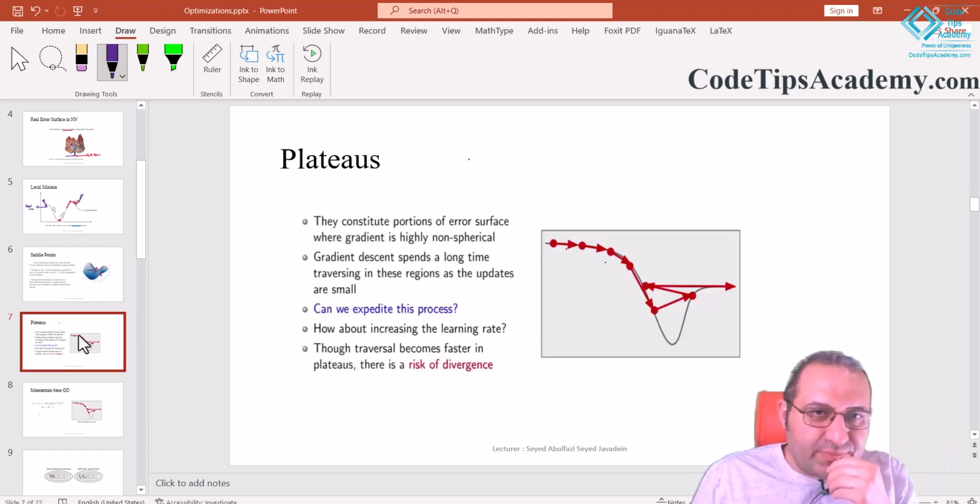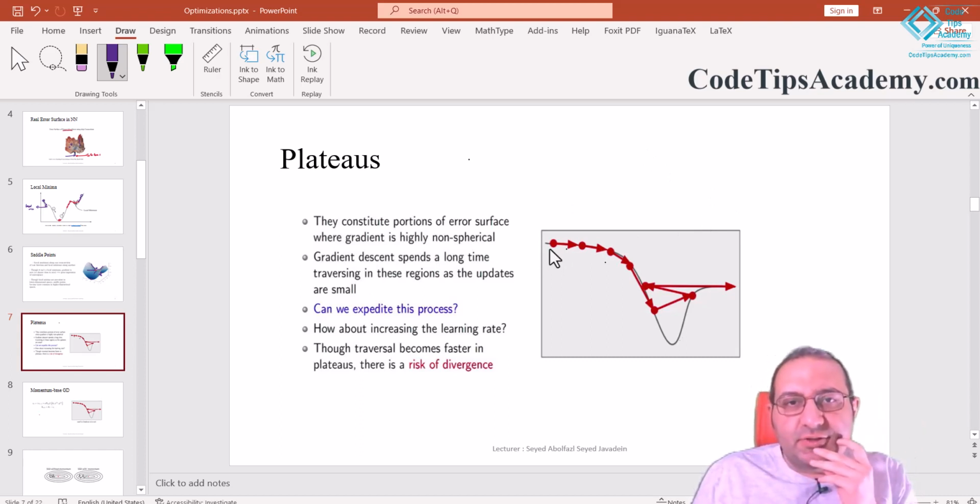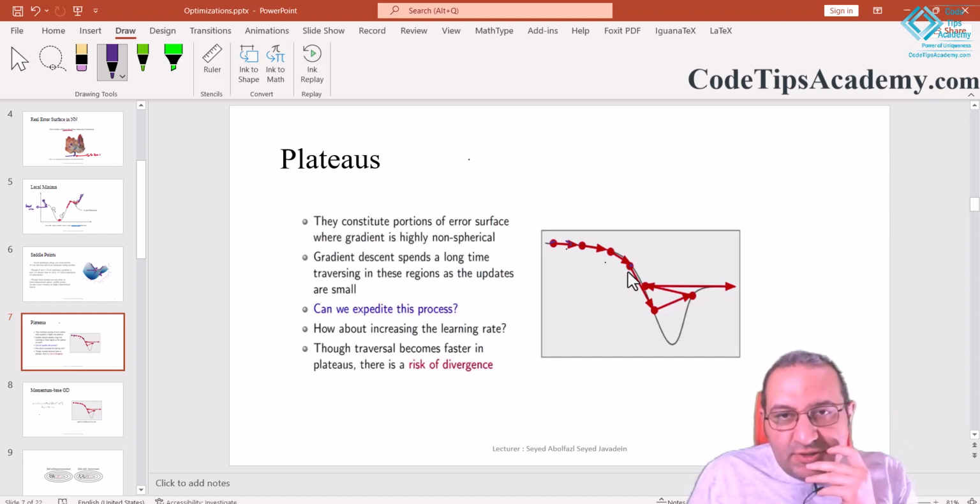As you can see in another example, we start training the neural network from here, and we go here, and here. This point is steep, which means the gradient is larger, so the step is larger, and we get here.